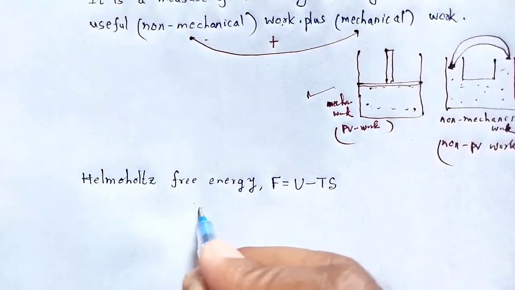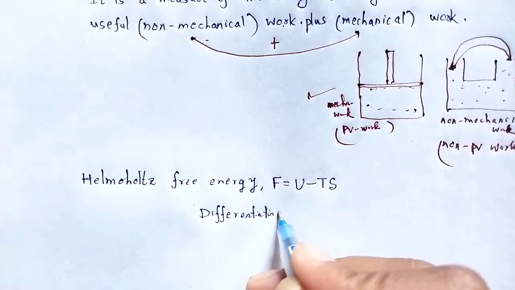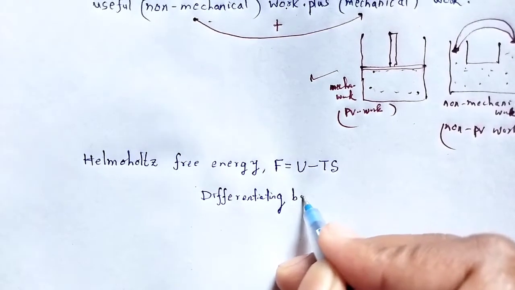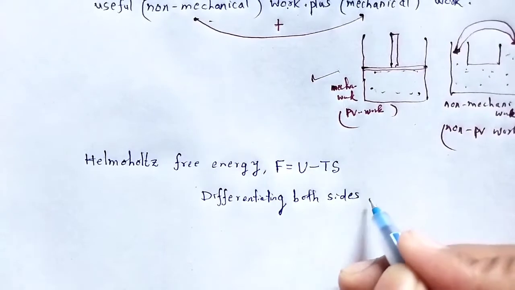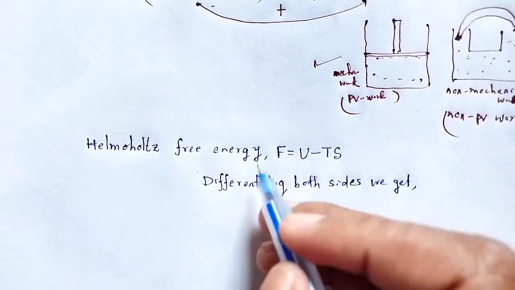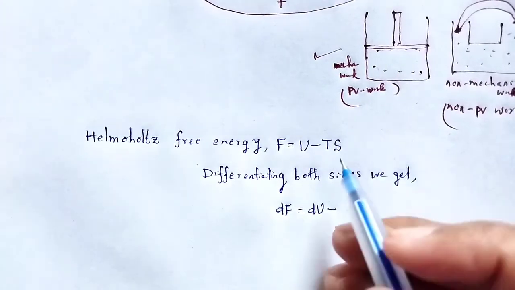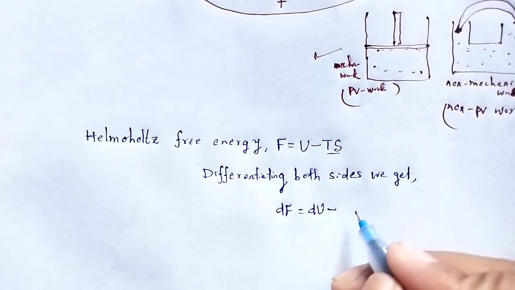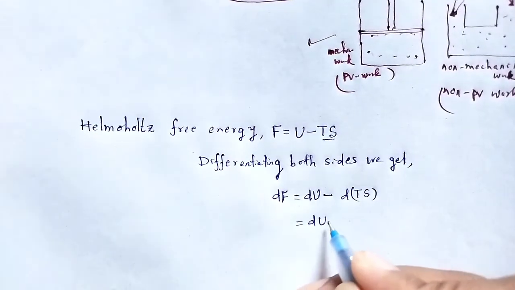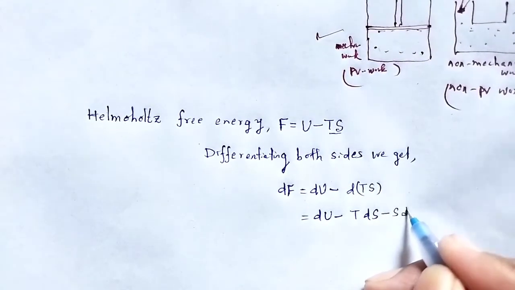Now differentiating both sides, we get dF, which is an exact differential. dF is equal to dU minus d(TS), which is equal to dU minus TdS minus SdT.